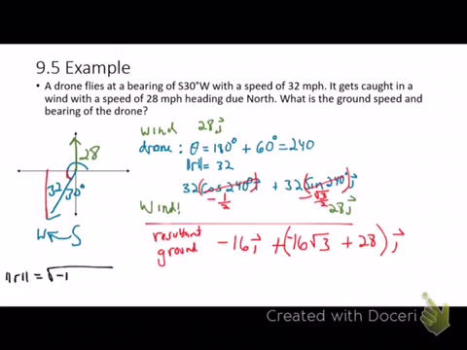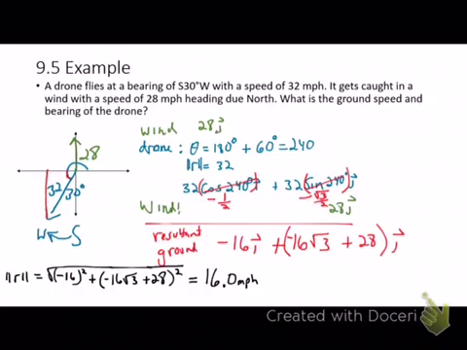The x is -16, so that will be squared, plus the y, which is complicated, so make sure in your calculator you keep it in parentheses: -16 radical 3 plus 28, and that whole thing is squared. And when you square that out, it comes to almost exactly 16. So 16.0, and that's in miles per hour.